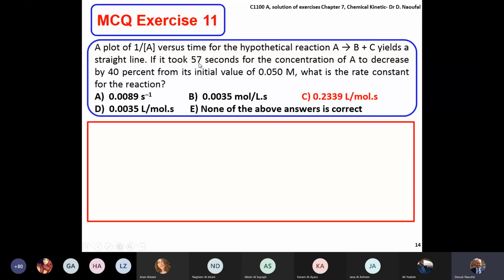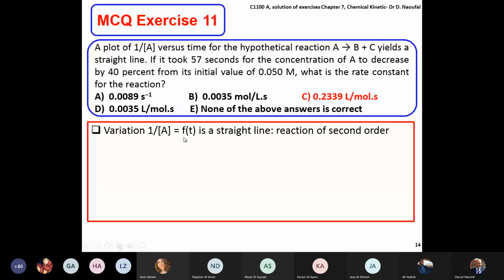If it took 57 seconds for the concentration of A to decrease by 40% from its initial value, what is the rate constant of the reaction? So we have to calculate K. The variation of 1 over A as a function of time is a straight line, so this reaction is of second order.